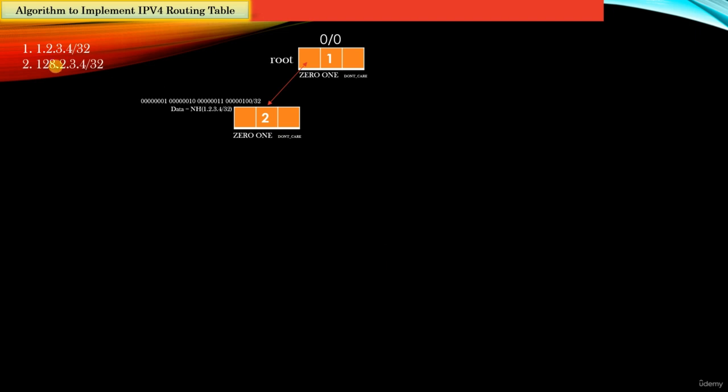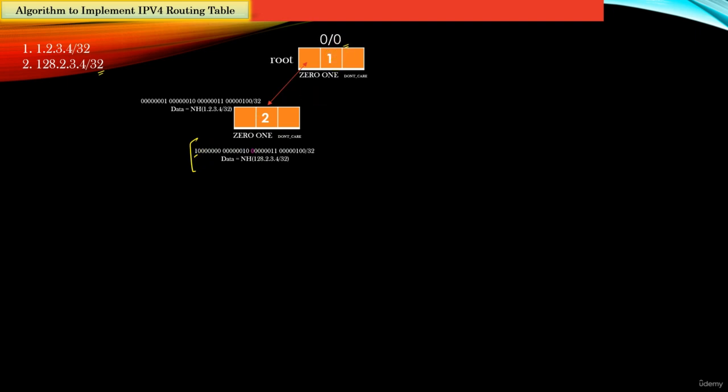Similarly, if you want to insert the route 128.234, quickly convert this route into its effective prefix form. So this is the representation of this route. Examine the first bit of this route, which is 1. Again, the insertion begins with the root node.